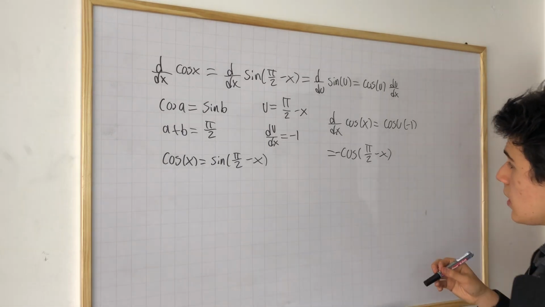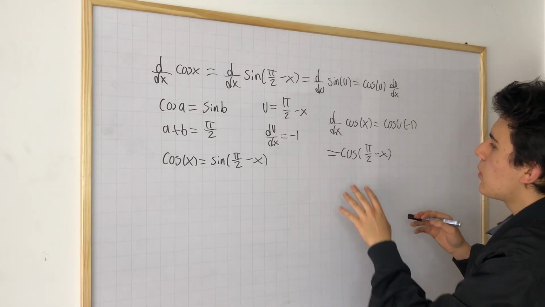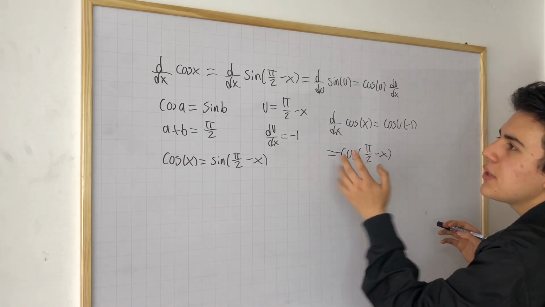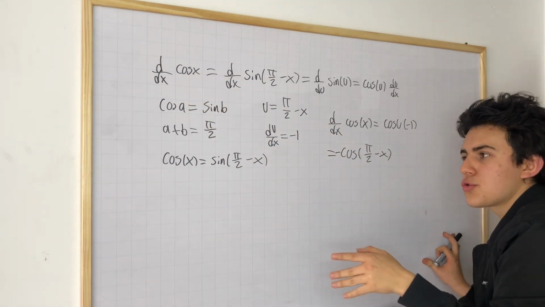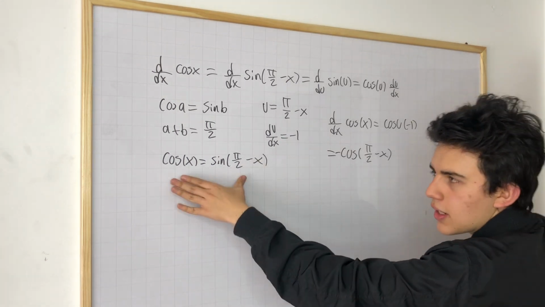Now, you might be wondering, what did we just do? We get that the derivative of cosine of x is equal to negative cosine of this, and this is true, but we need to go back to the complementary rule.